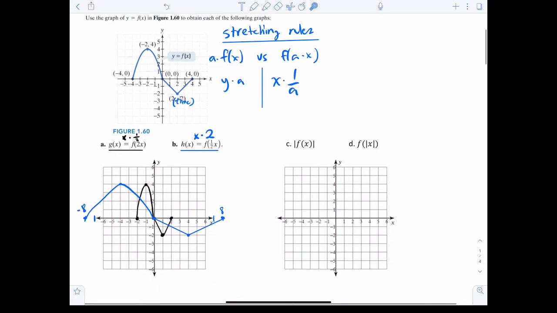For C and D, this first one says absolute value of f of x, which means absolute value of y. So what you're going to do is make all y values positive. So this first part should still be there because that's all positive.